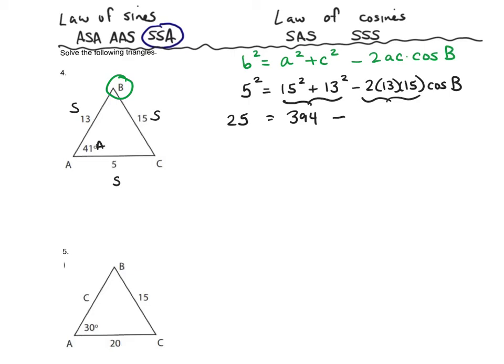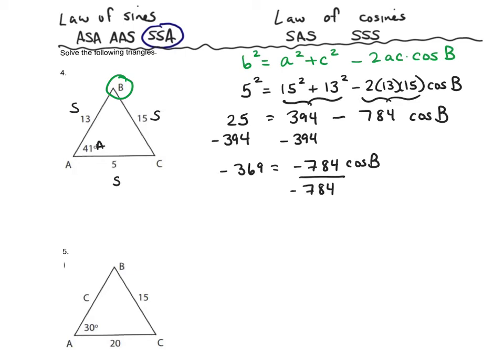So 2 times 13 times 15 is 390 cosine B. Then importantly, I don't want to put those together, but I'll subtract the 394 from both sides. So 25 minus 394 is negative 369 equals negative 390 cosine B.